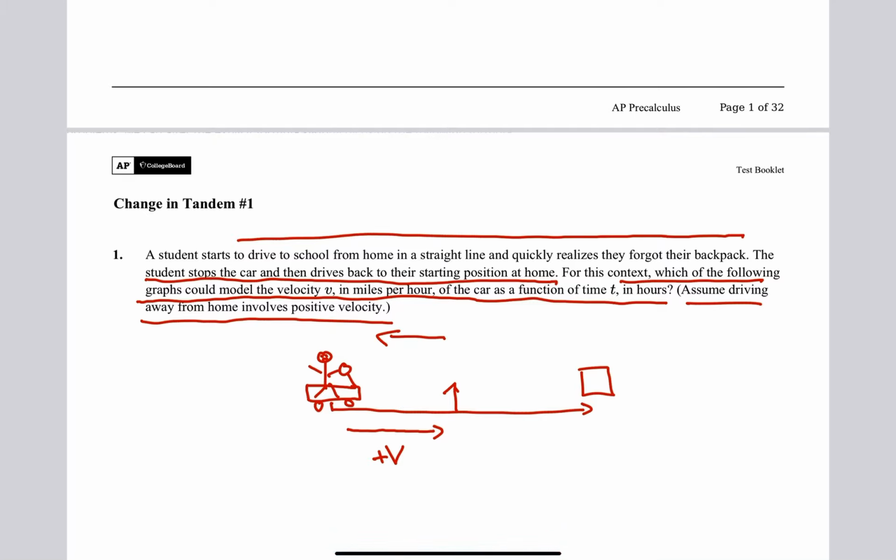And then they're driving back home, which is negative, right? Driving away from home is positive velocity. Driving back home is negative velocity. That's what they mentioned, right? Because they mentioned away from home is positive, you could basically conclude that driving back home is negative velocity.